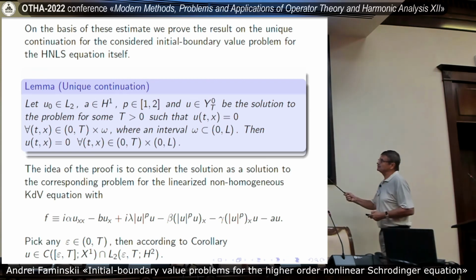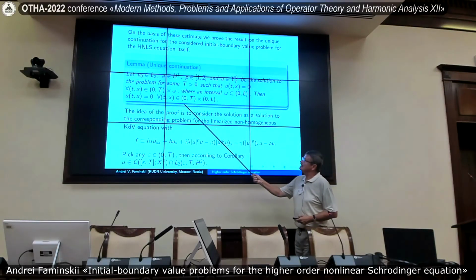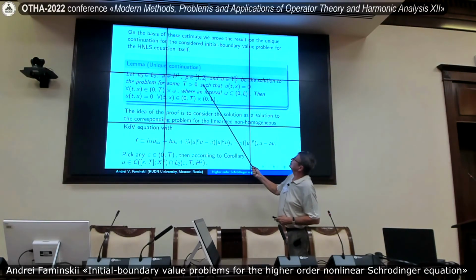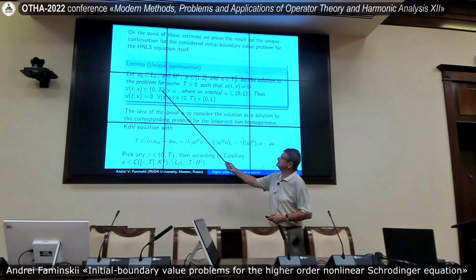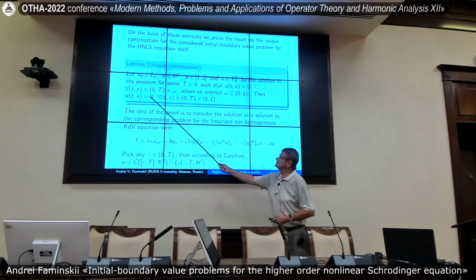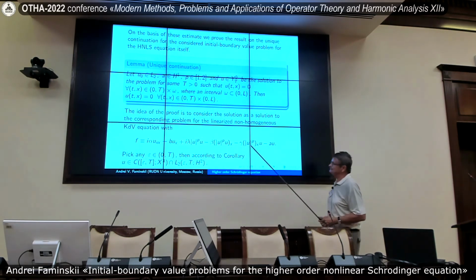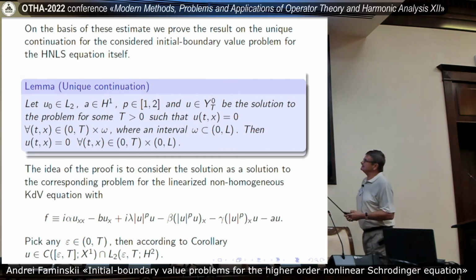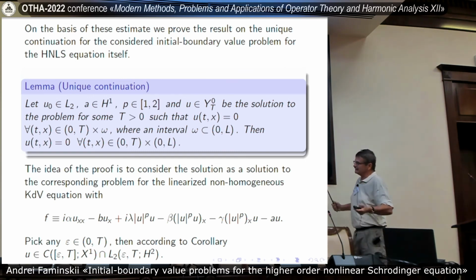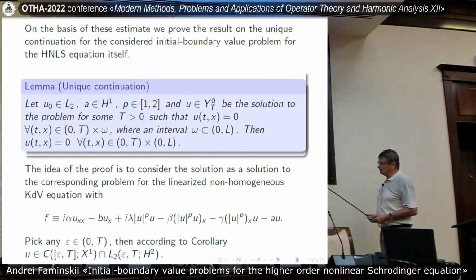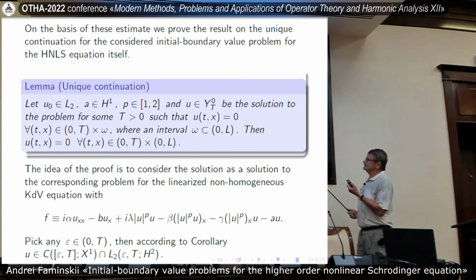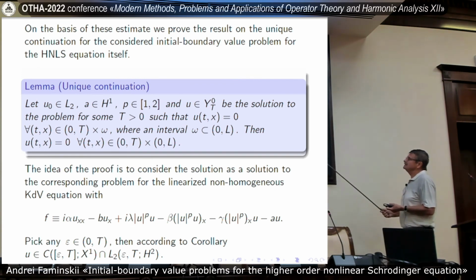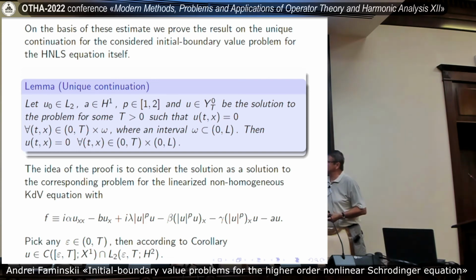What is this property? If we have a solution which is 0 on the sub-rectangle, then it is 0 on the whole rectangle. The idea of the proof is to consider the solution of our nonlinear high-order Schrodinger equation as a solution of the linearized homogeneous Korteweg-de Vries equation.